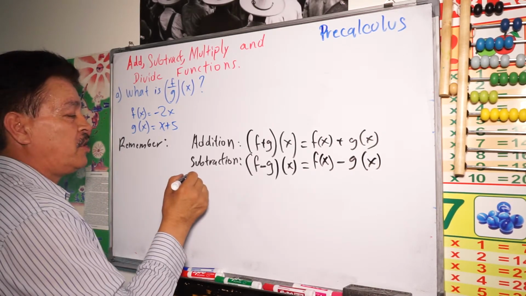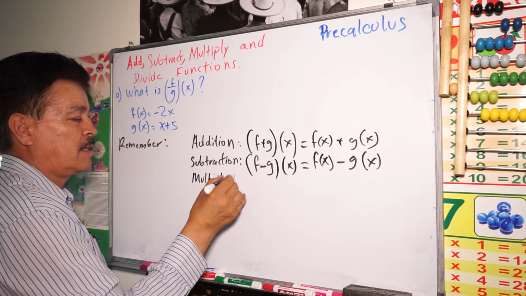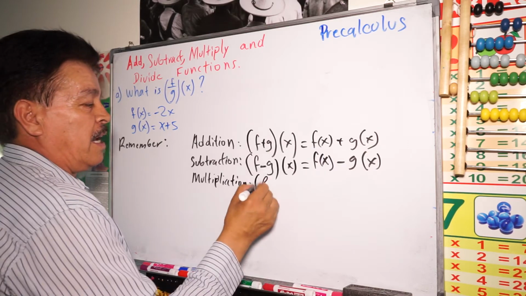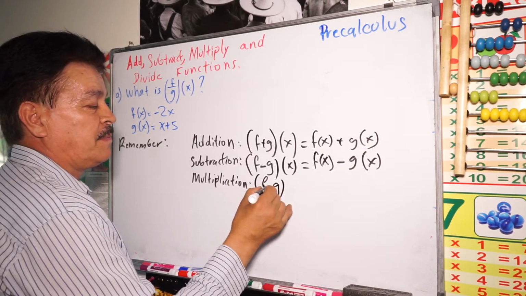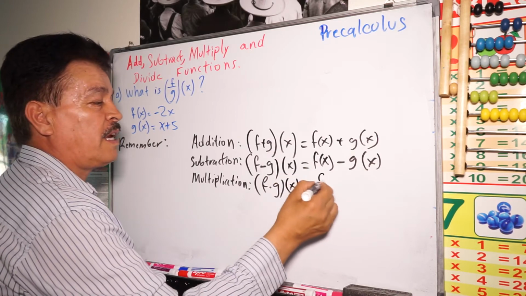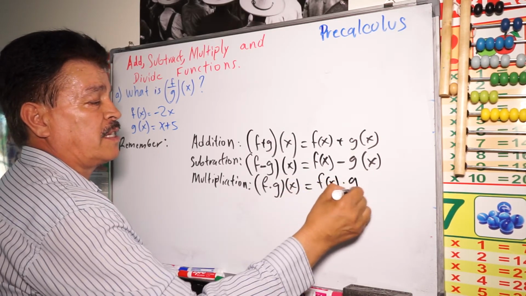Now multiplication: (f times g)(x) is equal to f(x) times g(x).